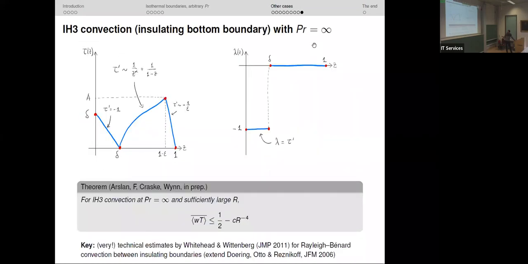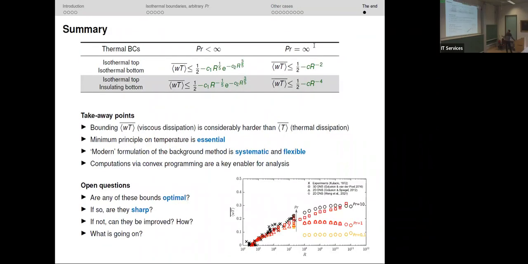My question was really, how does this system relate to a constant heat flux convective system? In terms of these scalings that you're getting out for your bounds, could I convert one of these quantities to something in the constant heat flux Rayleigh-Bénard problem? Not that I am aware of.